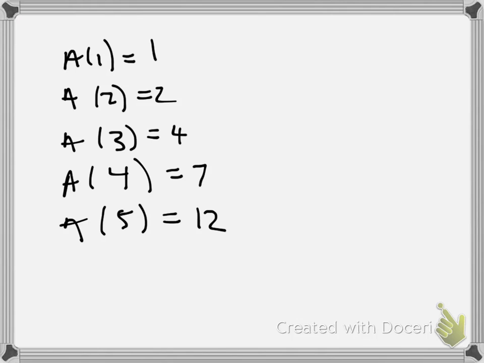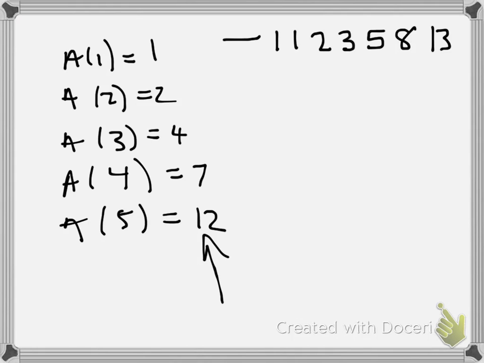Okay? Now, if I think back to what I had on the previous screen, I had 1, 2, 3, 5, 8, sorry, 8, 13. So as I look at the Fibonacci sequence that I have here, and I look at the pattern we've created, I can see a relationship here.